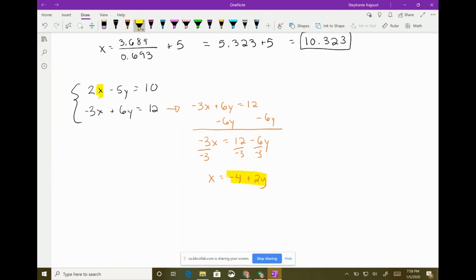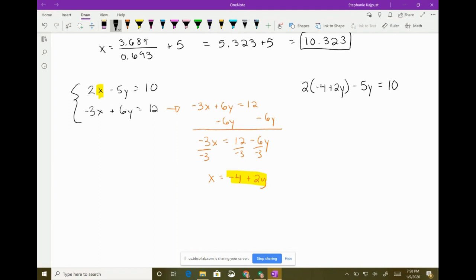If I plug it back into the second one, it's not going to get me anywhere. So in the first equation, I have 2 times x, so that's going to be 2 times (negative 4 plus 2y) minus 5y equals 10. And I need to put the parentheses there to make sure that I'm multiplying everything by that 2.